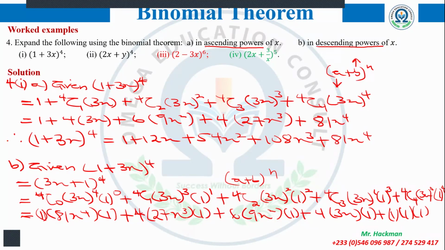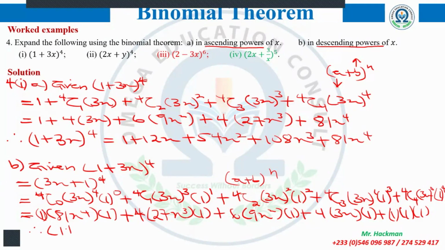Yes. So my last step will be the step where I remove all the brackets. In that case, I'm going to write, therefore I can conclude. Whatever I was asked to expand, don't use this to conclude. It is this one that you were asked to expand, in descending power.